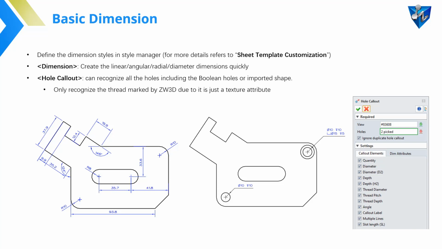Because it can recognize all the holes, including the holes created in ZW3D, the Boolean holes, and the holes from imported geometry. And for the thread, since it is just a texture attribute, it only recognizes the thread marked by ZW3D. Let's go to the software to check them out.